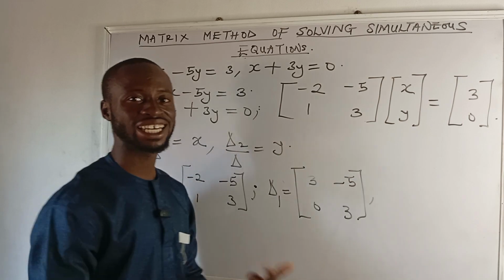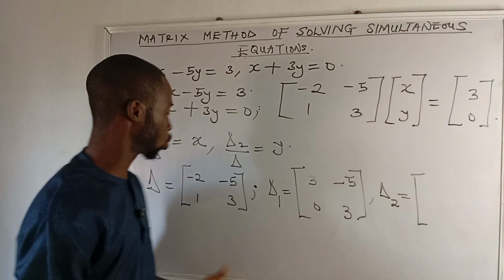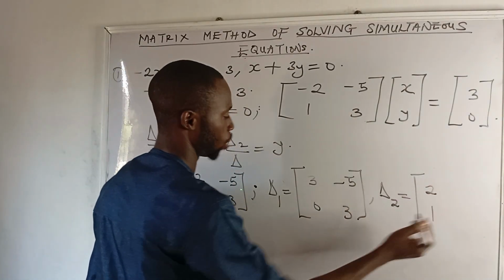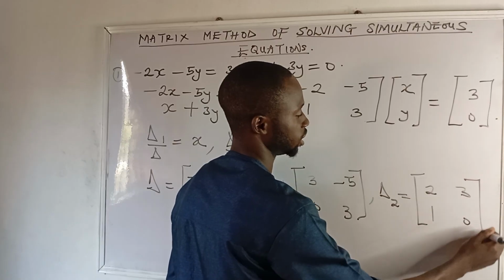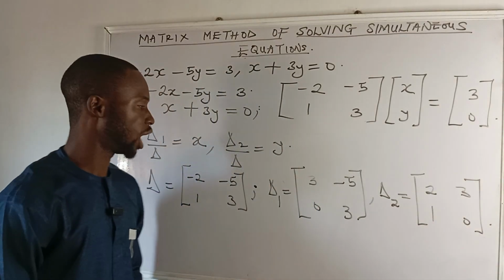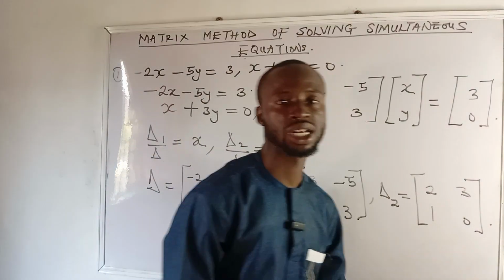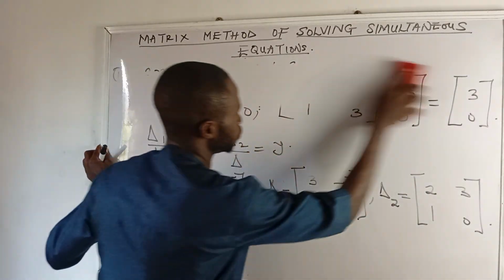So I believe you can guess what delta 2 looks like. For delta 2, it's not the first column I'm changing, it's the second column. So I write the first column, that's minus 2 and 1. Instead of writing the second column, I'll write the answer, 3 and 0. After I've written this, I'll find the determinant of this, this, and this, then divide them over each other. Then I'm done.